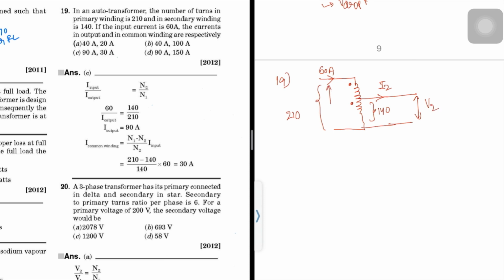This is V2 and this is V1. We know that V1 by V2 equals N1 by N2.